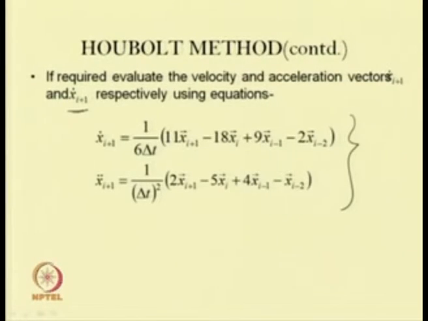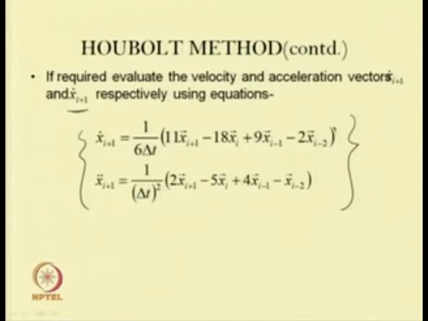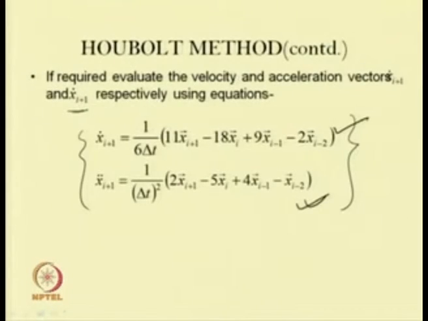One can use these expressions to find the velocity and acceleration at I plus 1. So, after finding the displacement at I plus 1, one can find the velocity using this expression and the acceleration using this expression. One can obtain these expressions by numerically differentiating this term x I plus 1.